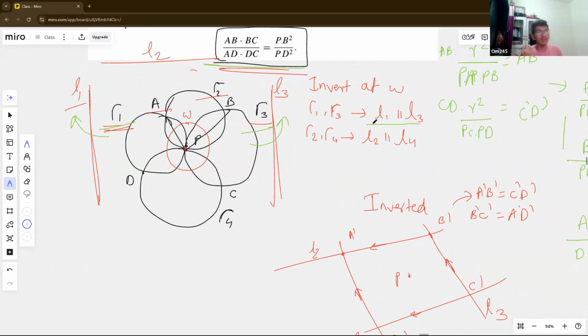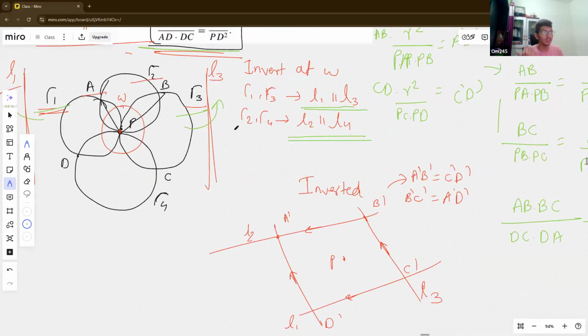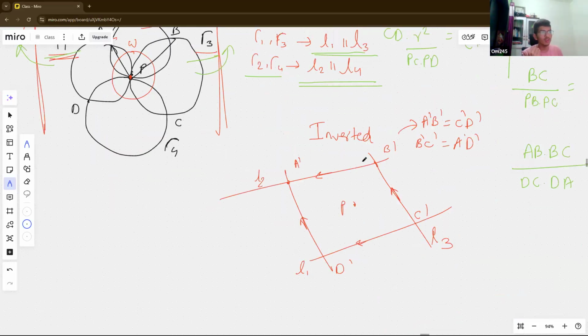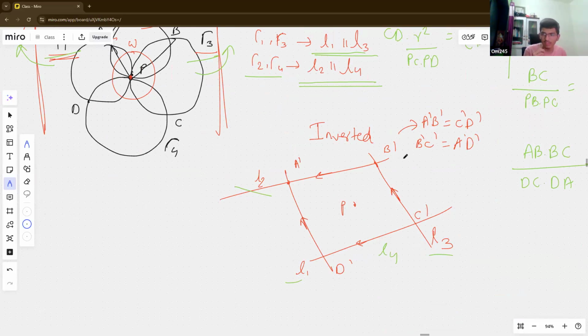So L1 will be parallel to L3, and L2 will be parallel to L4, the inversions of gamma 2 and gamma 4. So the intersections form a parallelogram.